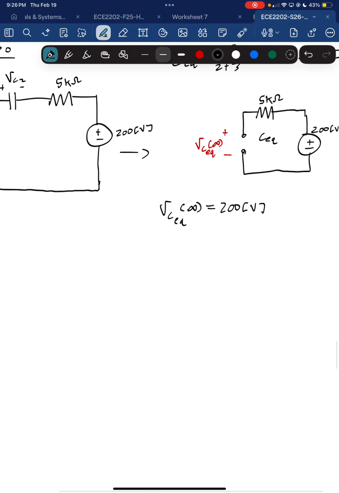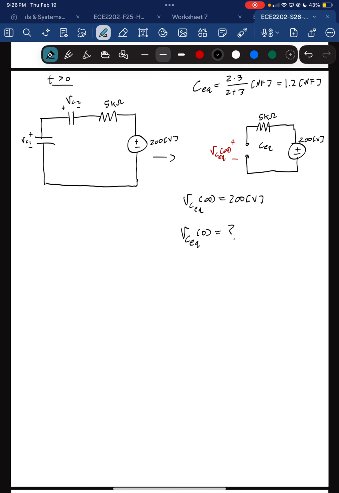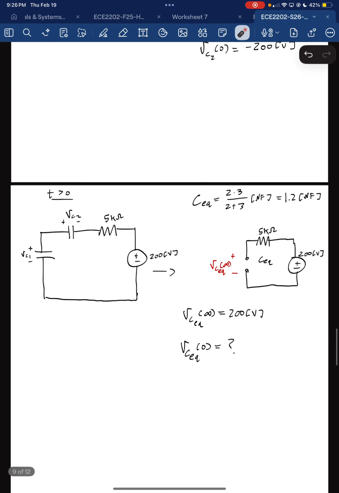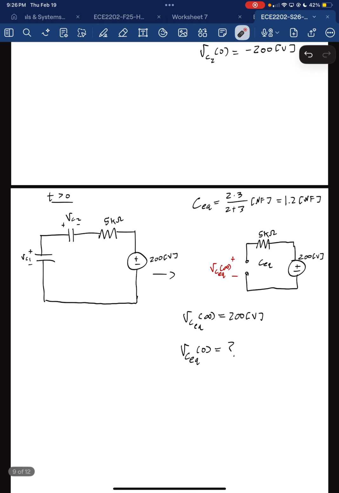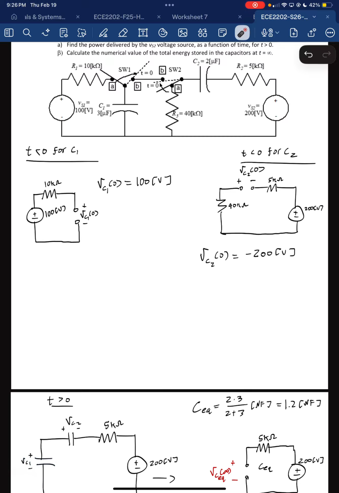But now we need to find our new initial condition. In order to do that, like Muhammad said, we add the voltages of the capacitors' initial conditions that we solved for individually together. But we need to do so with respect to the polarity that we have given C equivalent, not how I did it.